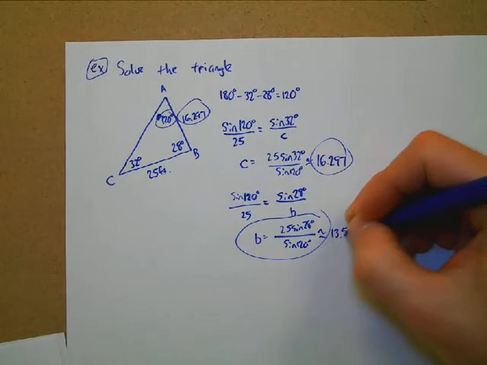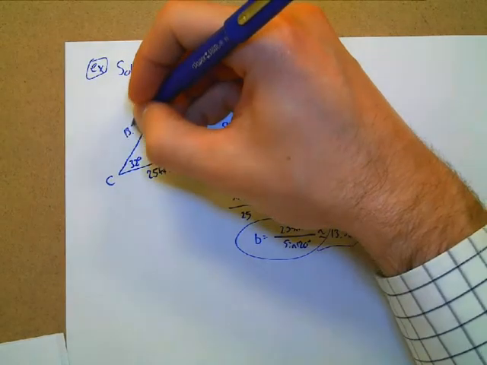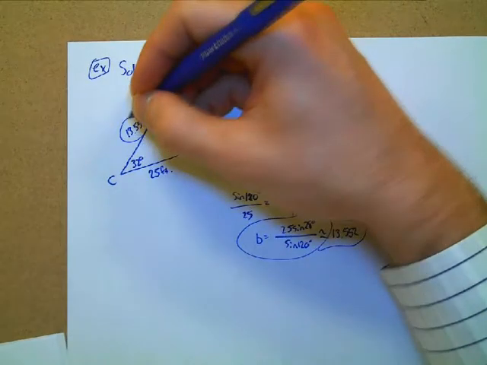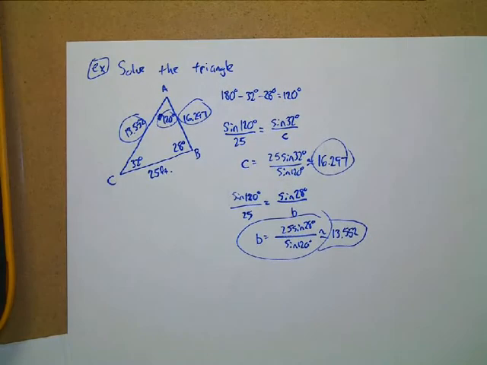So questions on any of that? All right. Have you guys try one here? All right, so you guys are going to try this one here. All right, so we're going to solve the triangle ABC that has the given measures.